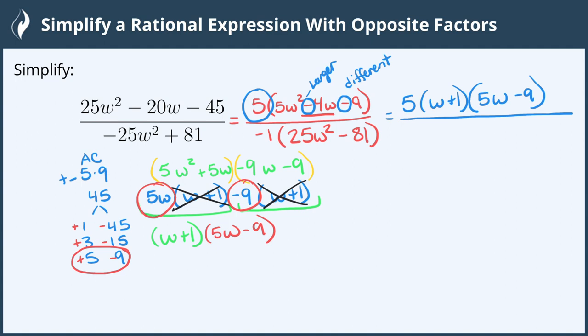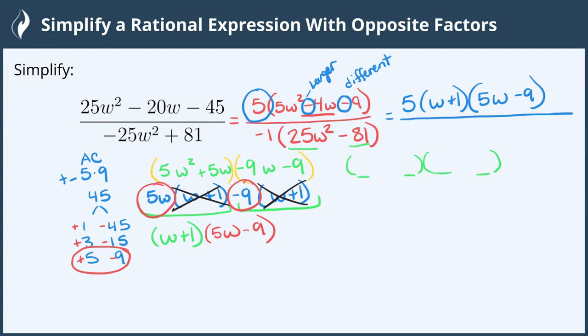I see I have a binomial, and the only way to factor a binomial is if it's a sum or difference of cubes or a difference of squares. And in this case, I can see that both of these are squares, which means it will follow a pattern. That pattern is the square root of the first and the square root of the second for the terms in both of the two binomials, and then one will be positive and one will be negative.